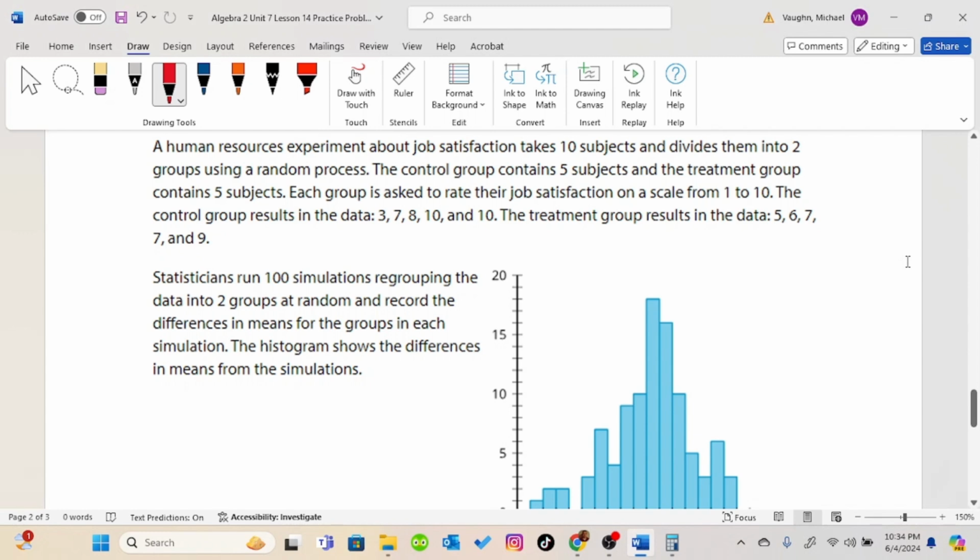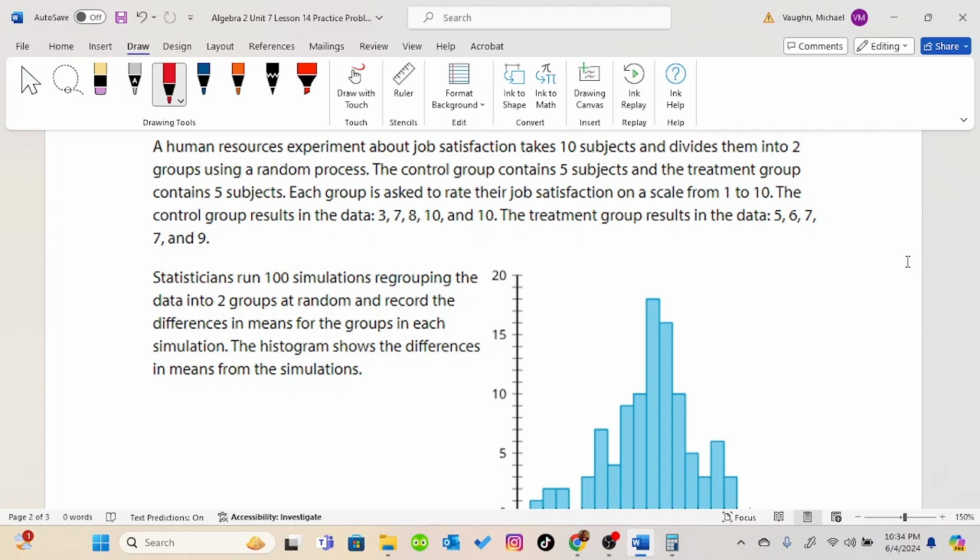On page 3, our last practice problem says a human resources experiment about job satisfaction takes 10 subjects and divides them into 2 groups using a random process. The control group contains 5 subjects and the treatment group contains 5 subjects. Each group is asked to rate their job satisfaction on a scale from 1 to 10.